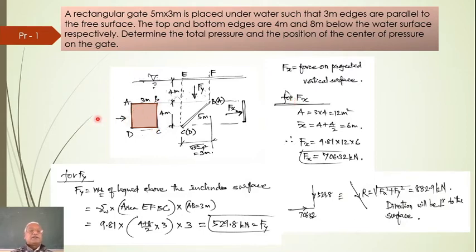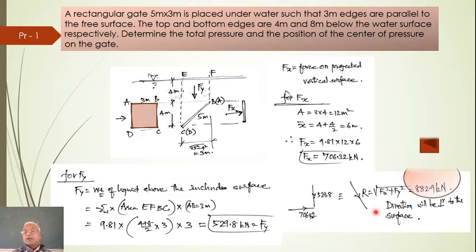Projected area is in the sense that when you stand exactly in front, it looks like a rectangle. Though it is a rectangle on an inclined plane, it looks like a vertical face with 3 by 4, and on that you have to calculate Fx. Usual formula, gamma A x bar or gamma A h bar, and the weight of the liquid standing above the surface is Fy. The resultant of Fx and Fy will give you the resultant force.